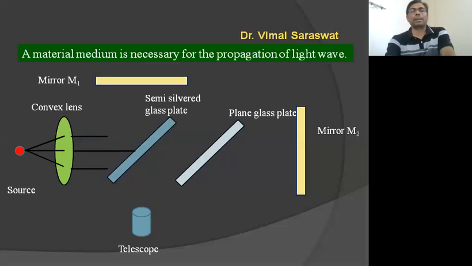Since the glass plate is semi-silvered and inclined at 45 degrees, the light rays are partially reflected and partially refracted. The refracted ray moves towards the plain glass plate, and after refraction from the plain glass plate, it is incident on the mirror M2.